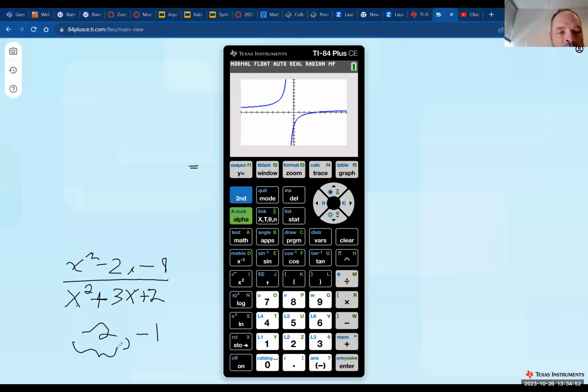This value here is where we have the vertical asymptote. Maybe there's a better way for me to have drawn that. Let me see. If I draw a line and let's draw red.